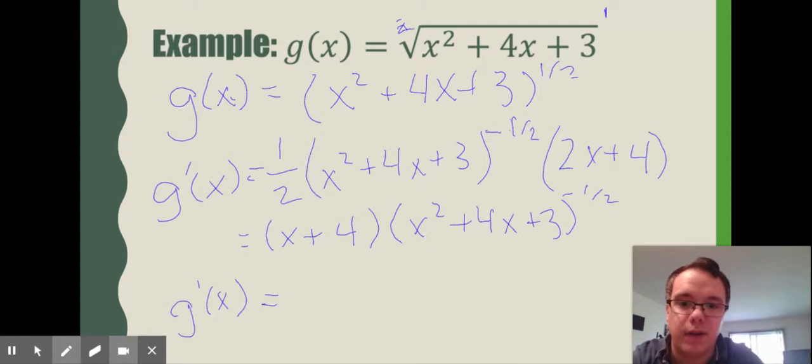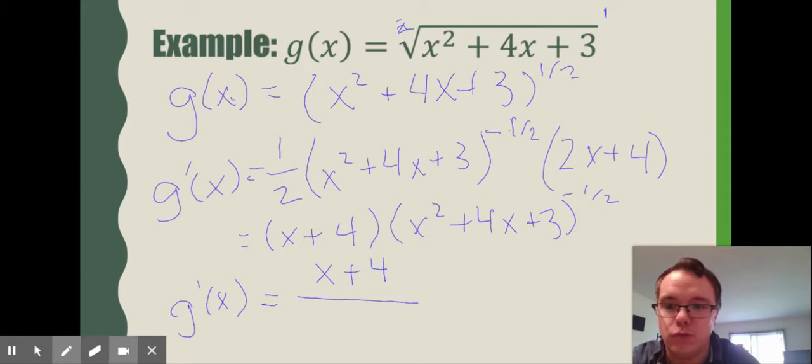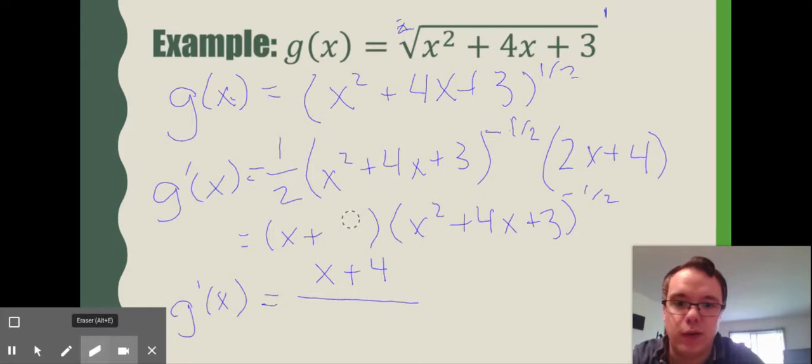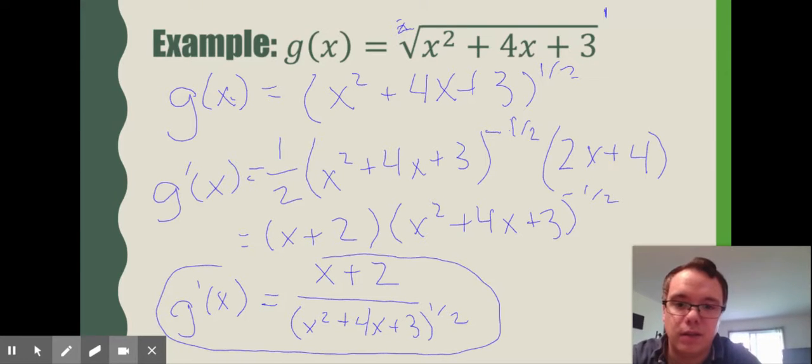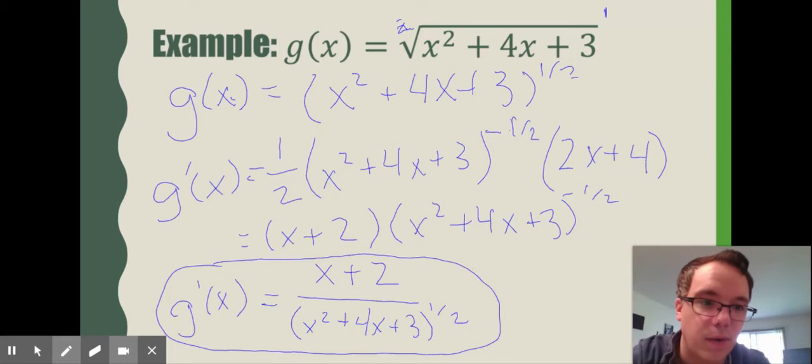So my answer is, well, I'm sorry, not x plus 4, x plus 2. 1/2 of 4 is 2. Times x squared plus 4x plus 3, and instead of the negative 1/2, when I move it to the bottom, it becomes the positive 1/2. So that is my derivative using the square root.